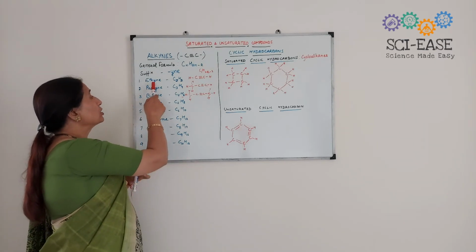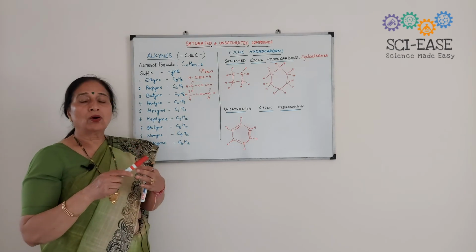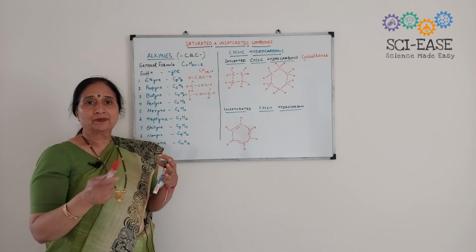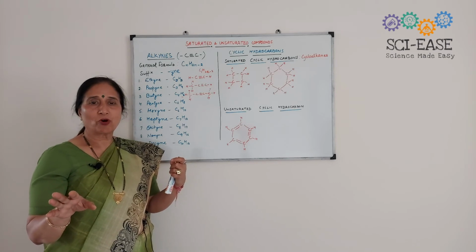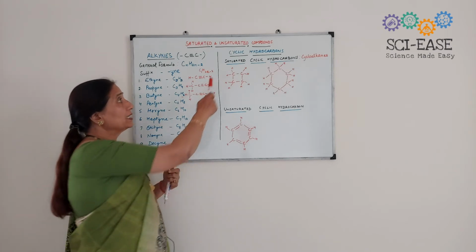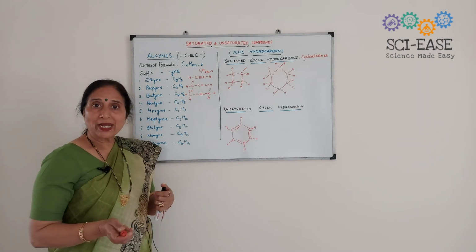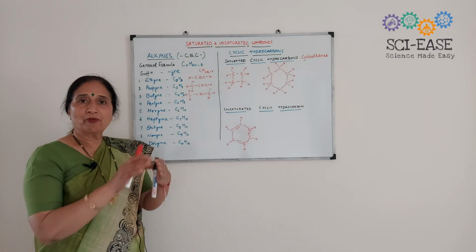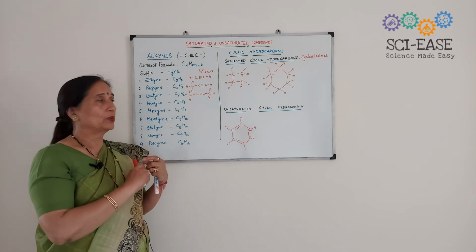You can take the case of ethyne or ethene or ethane, then cyclic compounds can't be formed. First, we will take the saturated cyclic hydrocarbons. They are also known as cycloalkanes. Before the alkane name, we will put cyclo.